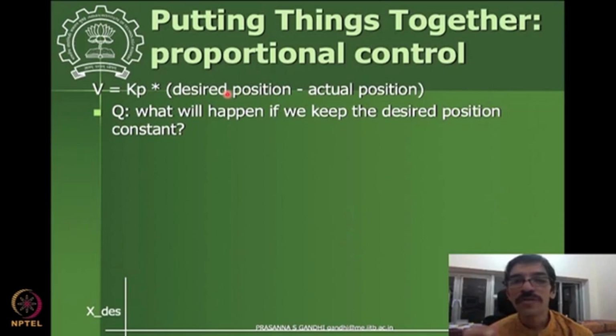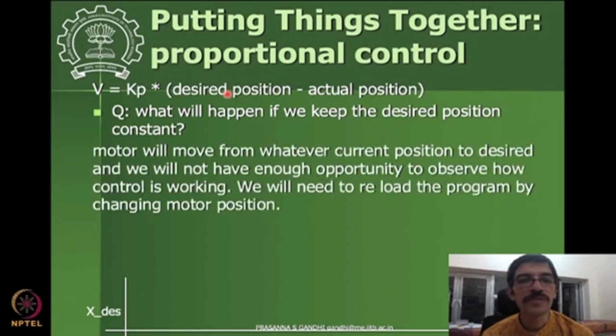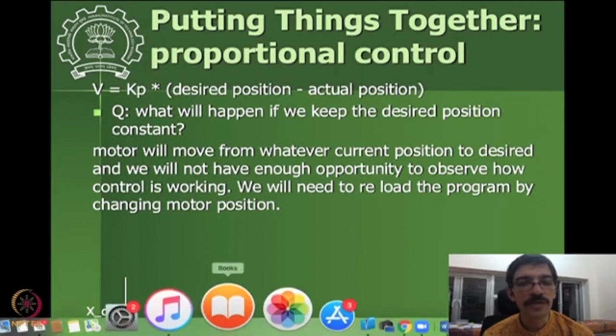So this is not a great way of continuously observing how your control is performing. You want to have some handle over seeing that the control you're implementing is continuously doing something. For that purpose, we set up the desired position so that once it reaches the final position and steady state is reached after some time, you change it back to 0.